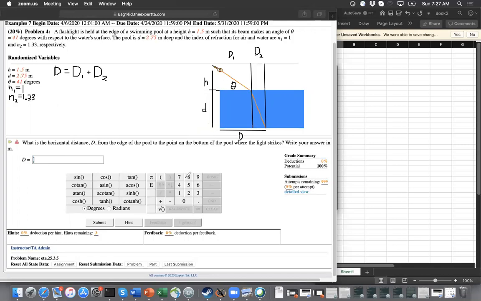And D1, just to be clear, is this distance from the flashlight end to where it strikes the surface. Now, if you notice this, we have a right triangle. This is a right angle.